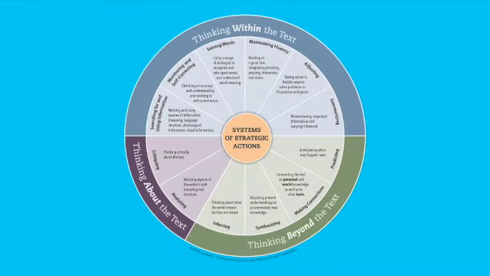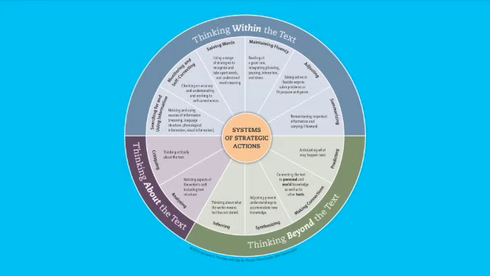Something for us to keep in mind too, in terms of reading and modeling and building strategies for students, is the Fountas and Pinnell Systems of Strategic Actions Wheel, where they've actually broken down all of the different thinking processes that students are going through as they access different forms of text. So they've got different strategies for thinking within, about, and beyond the text.